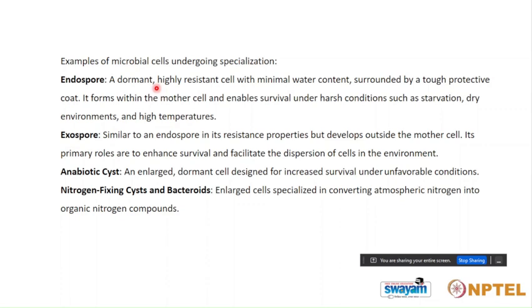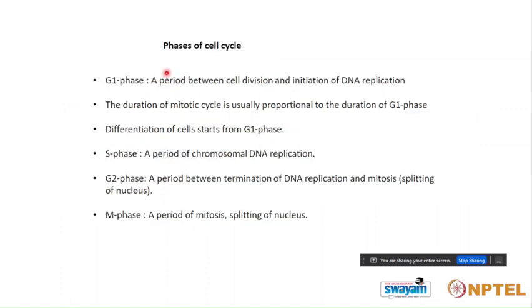These are nothing but enlarged cells, and they are also capable of converting atmospheric nitrogen into organic nitrogen compounds. So these are some of the classes of differentiated microbial cells.